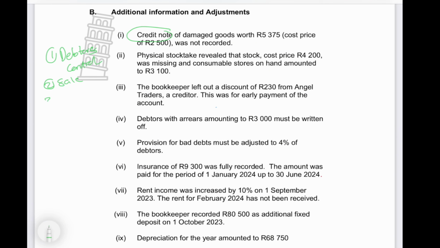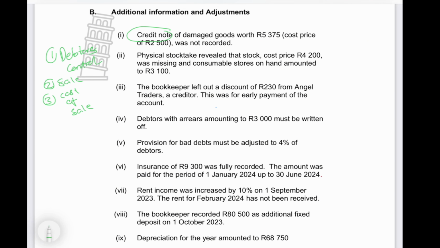Another account which is affected will be the cost of sale. Because remember, when we make a sale, we always have to calculate the cost of that sale so that we can also count it as our cost of sale. So those are the three accounts which are affected by this adjustment.